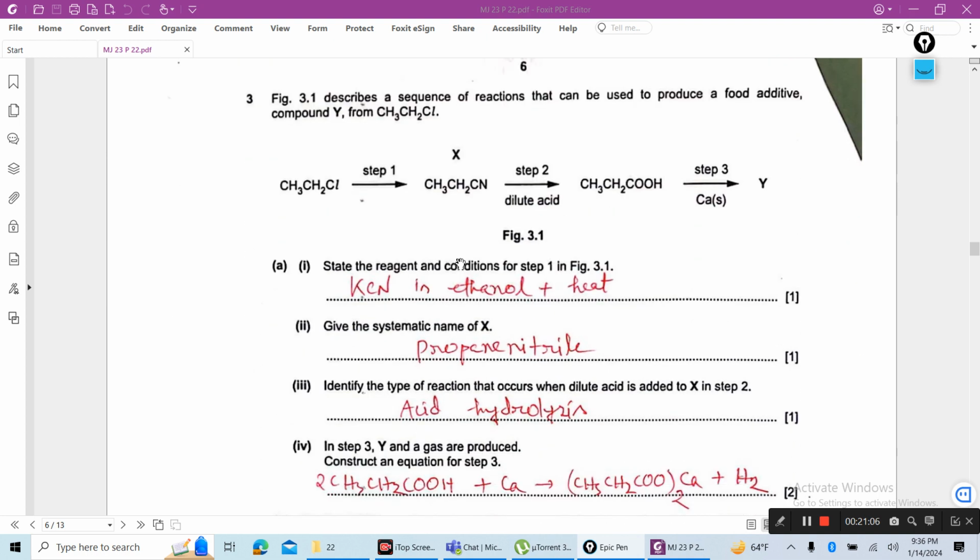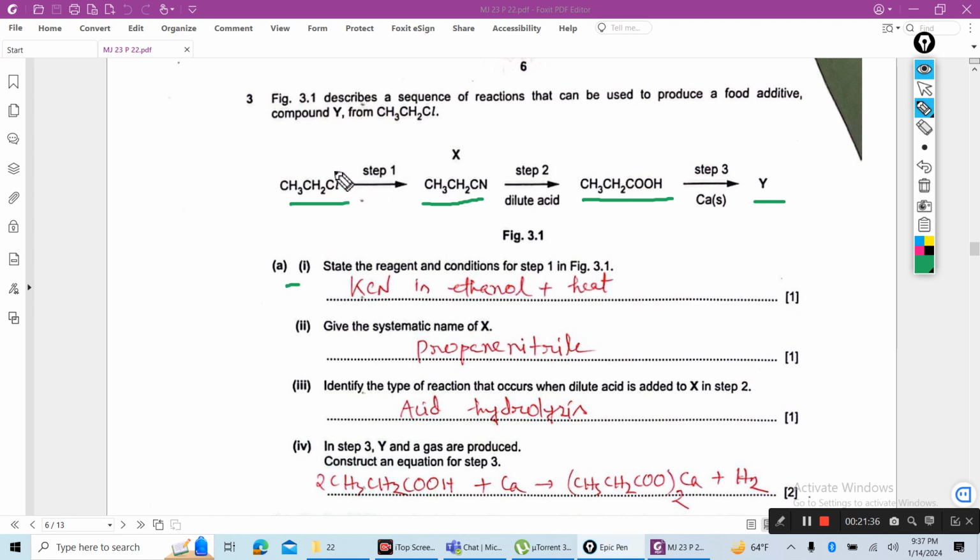Next, question number 3. This is for organic chemistry. There is step 1, haloalkane, alkane nitrile, carboxylic acid and Y is unknown. A1, state the reagent and condition for step 1.